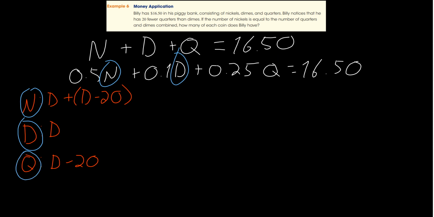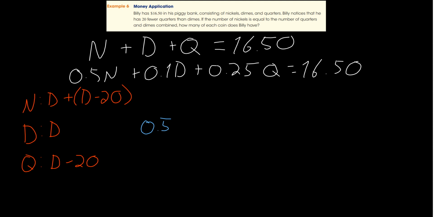So I can rewrite this now. 0.05, the amount of nickels I've got, and I'm substituting in for N here: dimes plus dimes minus 20, which was the number of quarters I had.